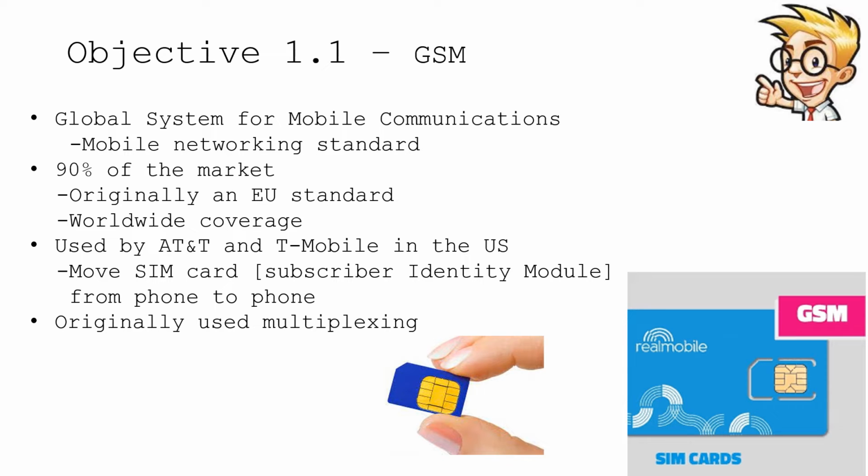In the United States, common GSM networks were AT&T or T-Mobile networks. This GSM network allows you to have your phone configuration on a subscriber identity module or a SIM card, and you can move that SIM card from phone to phone, and your phone number would follow you depending on where that SIM card happens to be.